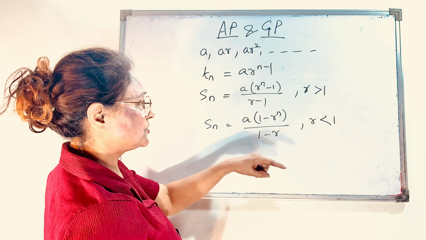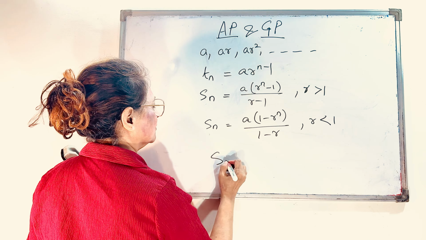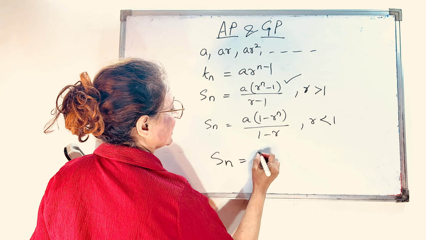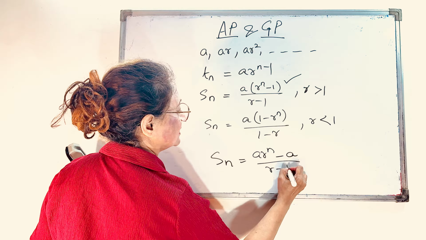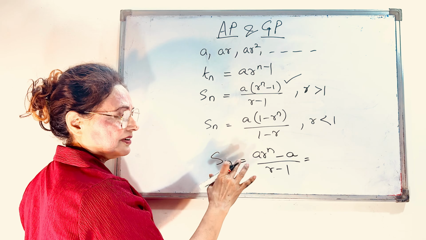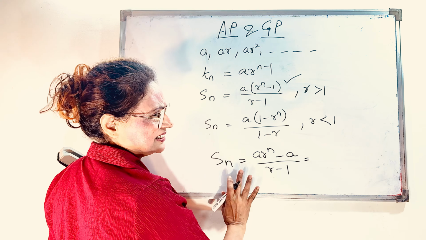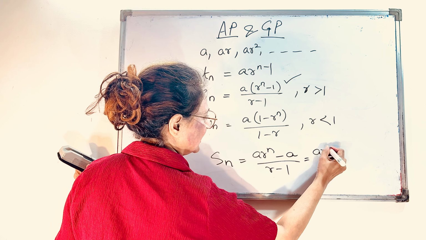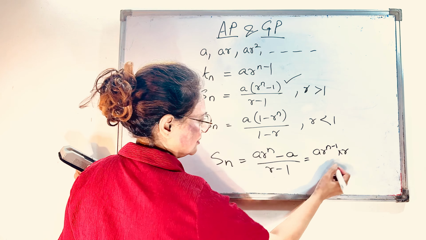Here, if the last term is given and the sum is asked, what we do is the same thing: Sn is A(R^n - 1)/(R - 1), take this. Suppose the first and last terms are given, or we want to express it in terms of L. AR^n can be written as AR^(n-1) into R, right?